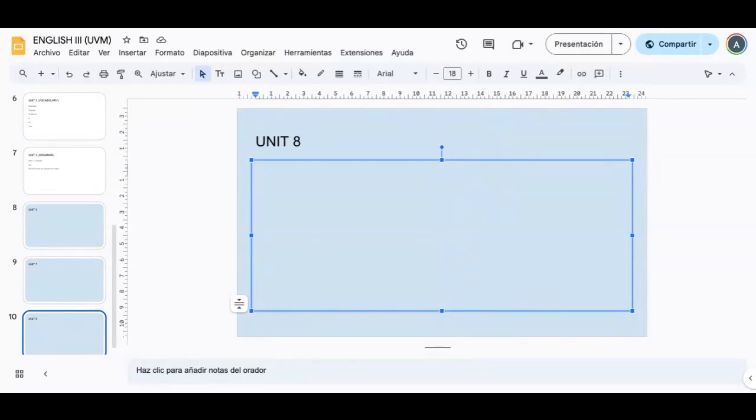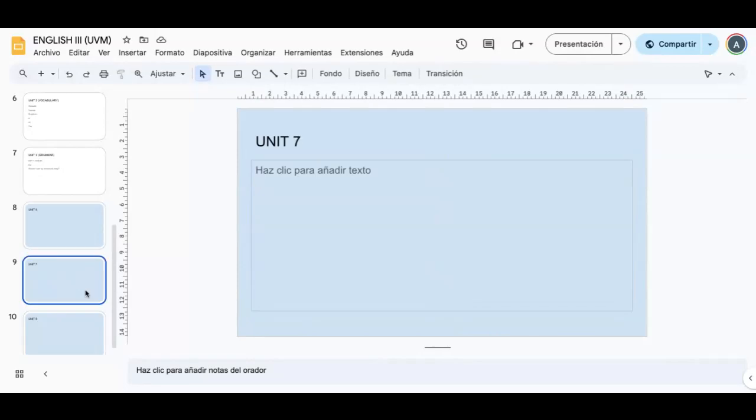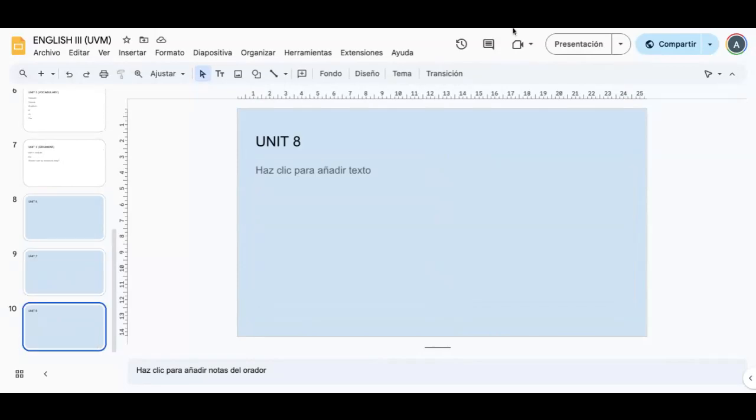Probably I'm going to stop a little more on the conditional subject, just to review that. But I want you to write in the three blue slides, Unit 6, Unit 7, and Unit 8, all the things that you can remember about those units, okay? Vocabulary, and also grammatical issues. I shared the link in the chat, so please come here to the document.